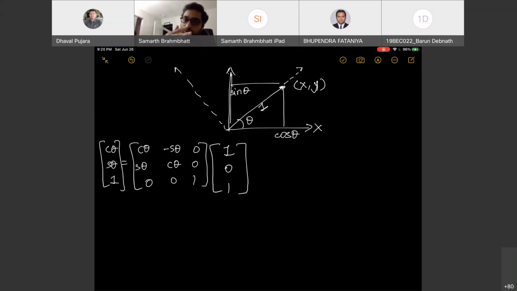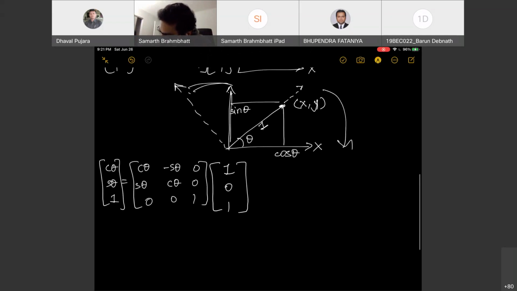You either rotate the point or you rotate its reference system. So you can understand it in the sense that you had this point in this dashed reference system, and now you rotated this whole thing like this and came to this new coordinate system, in which the representation is this.